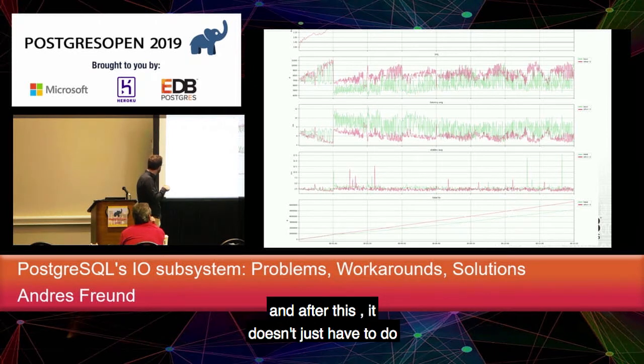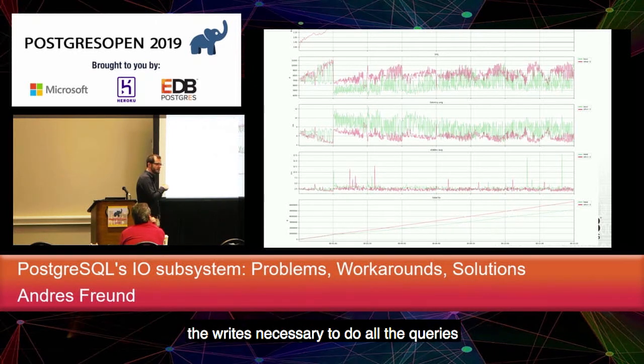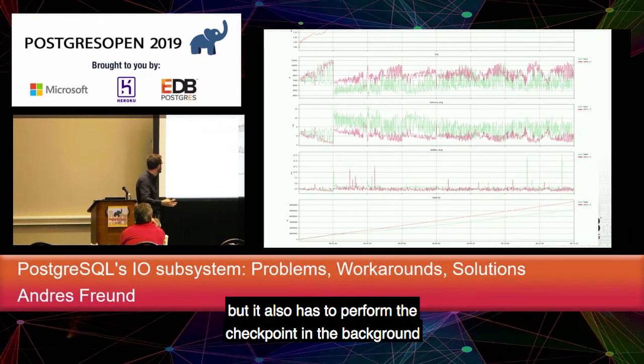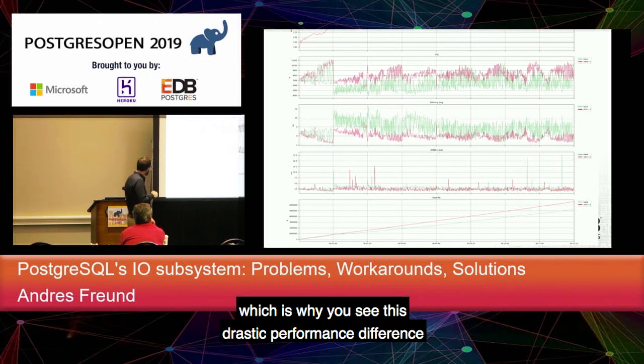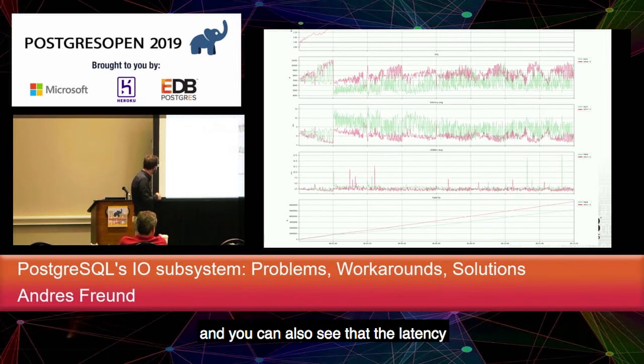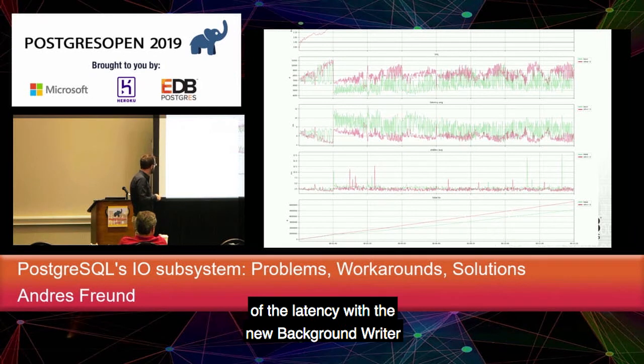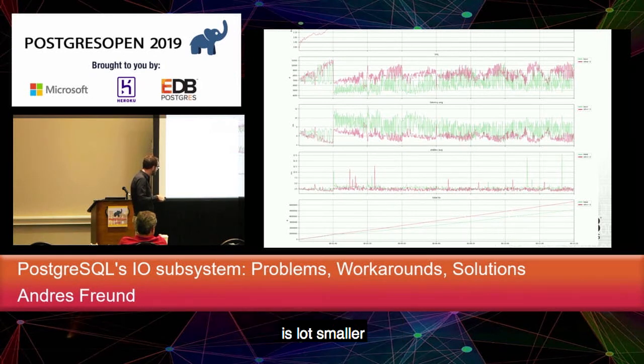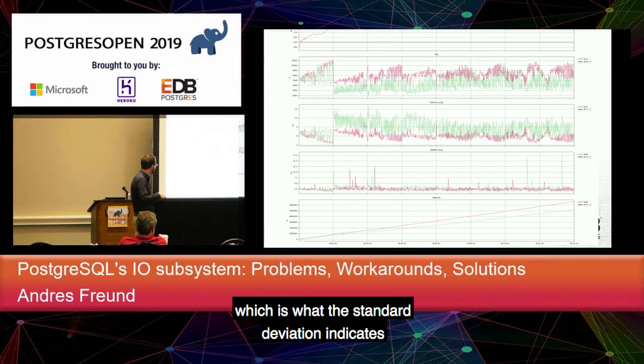And later after this, it doesn't just have to do the writes necessary to do all the queries, but it also has to perform the checkpoint in the background, which is why you see this drastic performance difference around this point in time. And you can also see that the latency and the standard deviation of the latency with the new background writer is a lot smaller, and it's more predictable, which is what the standard deviation indicates.